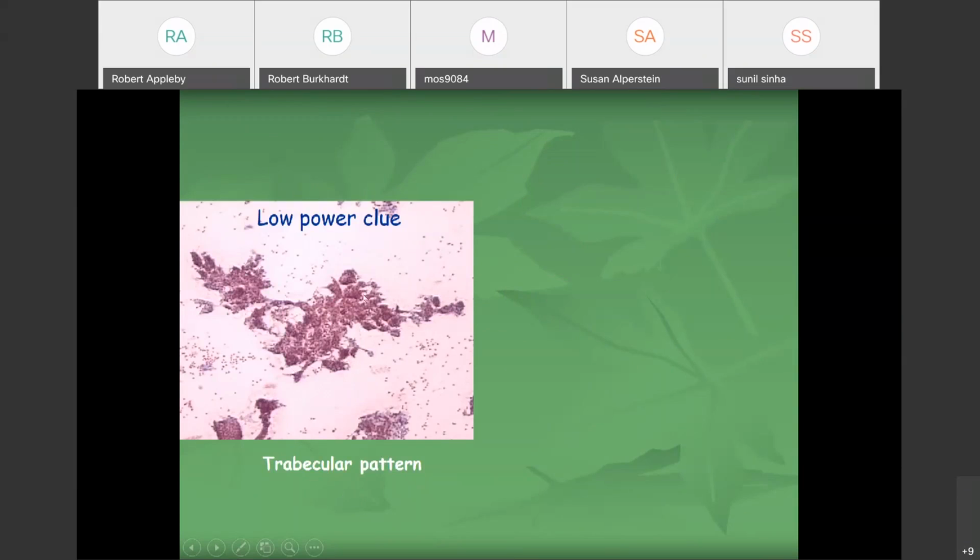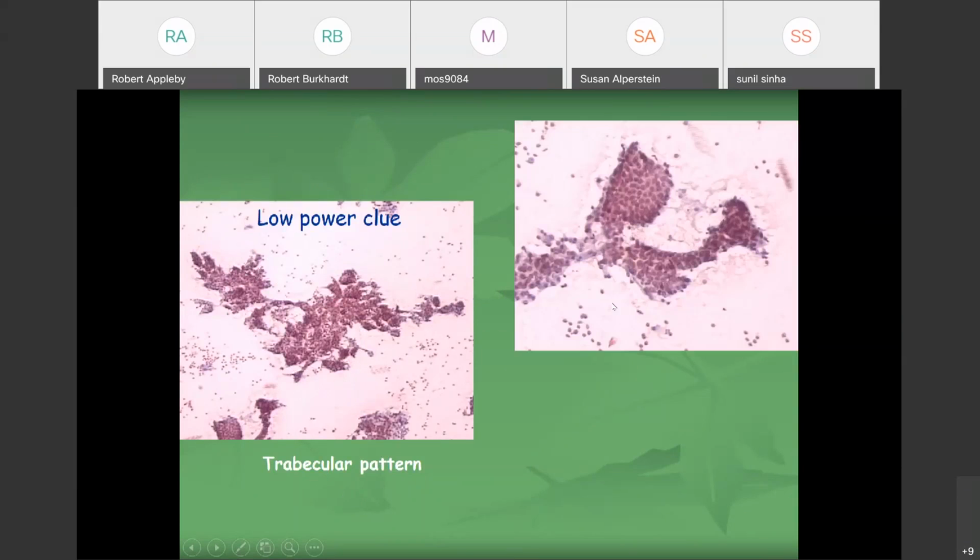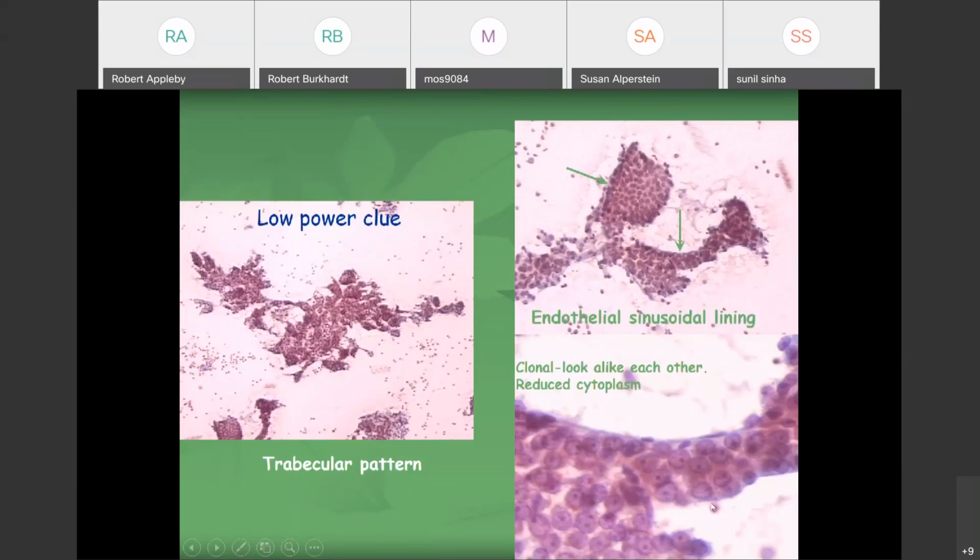Trabecular pattern, low power. And you have this endothelial lining. The classic textbook. And you see the high power, look at this. You see high NC ratio, no kitchen tiles, clones look like one another. It's classic, everybody recognizes this.